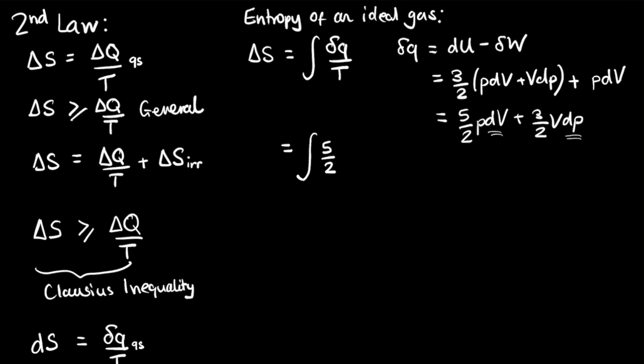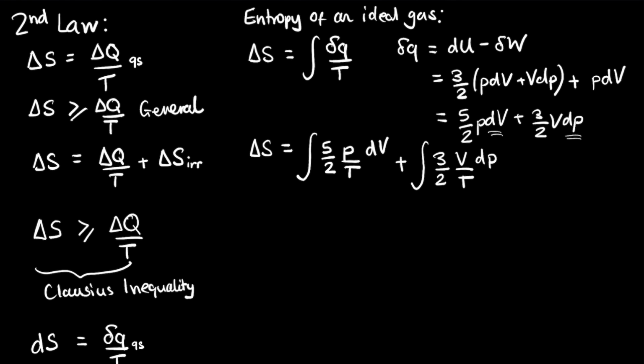We're going to get 5 over 2 p dV, but divided by the temperature: 5 over 2 p over T dV. That's our first term, but we're also going to get another term, 3 over 2 V dp, divided by T. So this is our current expression for the change in entropy.